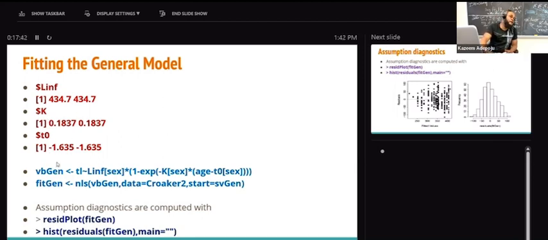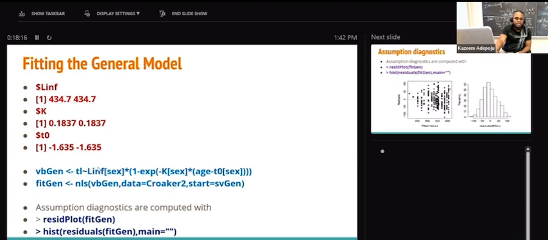Then I first want to run the general model. Why do I need to start from the general model? Because I need to investigate whether the assumptions of normality and of constant variance hold with the general model. That's why I'm first going to run the general model. This is the way I'm going to specify that.